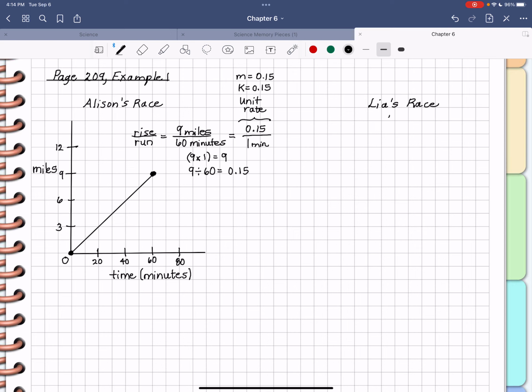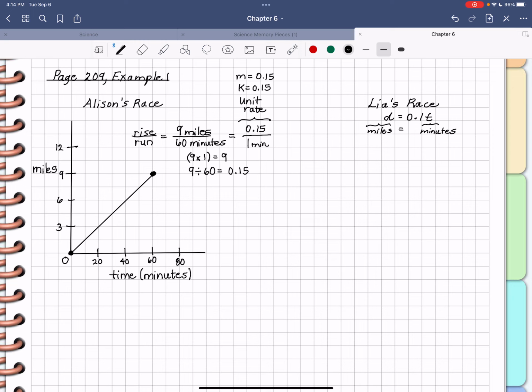It is D equals 0.1 t, where D represents the distance in miles, and T represents the time in minutes. So we have miles to minutes again.